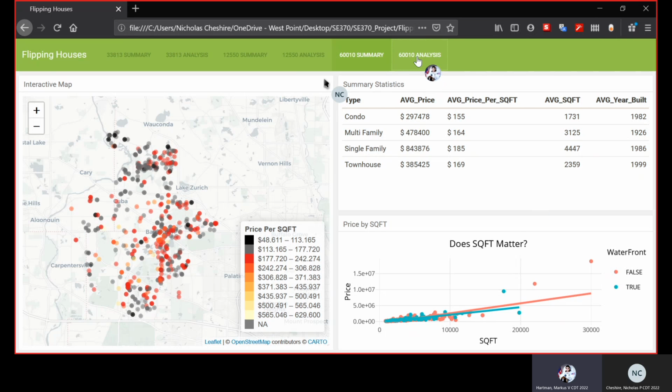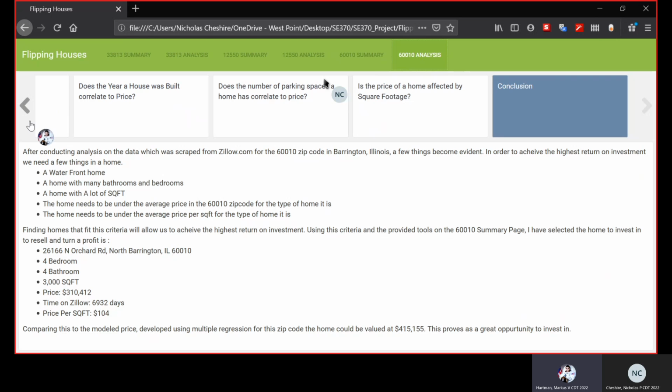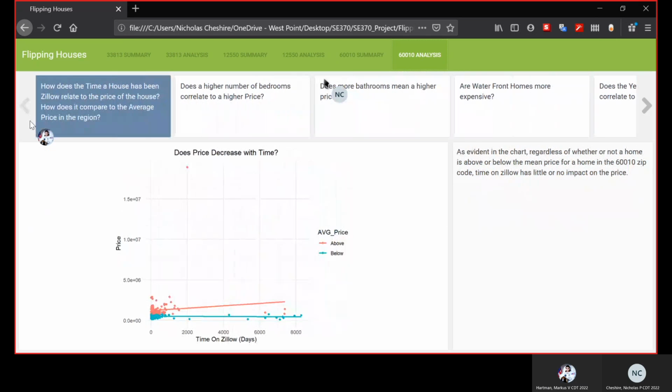And moving on to our analysis. So again, pretty similar to the last two. The longer that a house has been on the market, it doesn't really correlate too much with the price that it has.